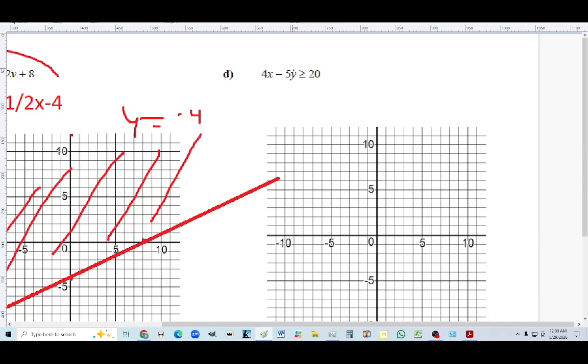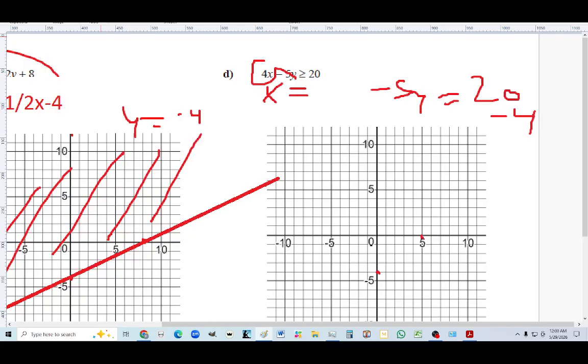So when y is 0, divide both sides by 4, x is 5. When x is 0, minus 5y is equal to 20. We divide by minus 5, we get minus 4. There.